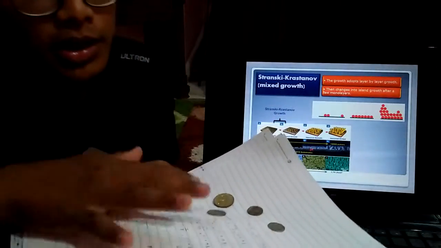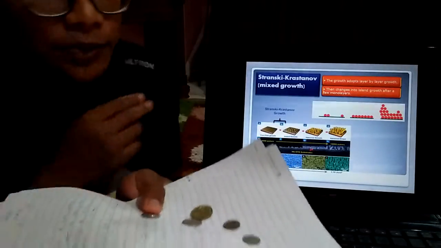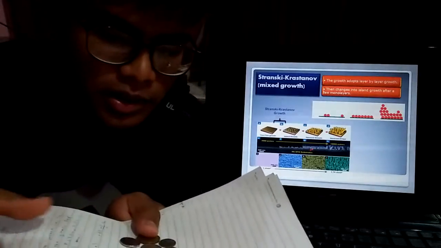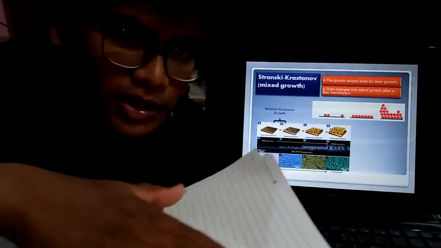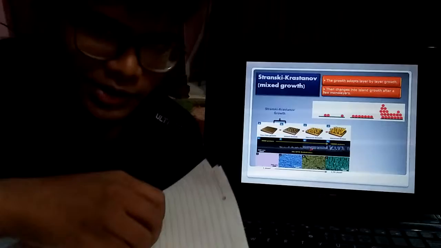So this is the combination of the two earlier growths. Even though it initially has a smooth surface, when it has island growth, it is not good for thin film technology.